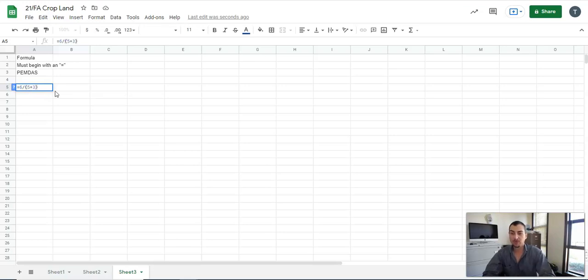If I threw in a parenthesis right there, it's going to do what it needs to in the parentheses first, 5 plus 3, or 8, and then move to division. So we get 6 divided by 8, which is 0.75. In comparison, if we do 6 divided by 5 plus 3 without parentheses, it's going to give us 4.2, because it took 6 divided by 5, which is 1.2, plus 3.